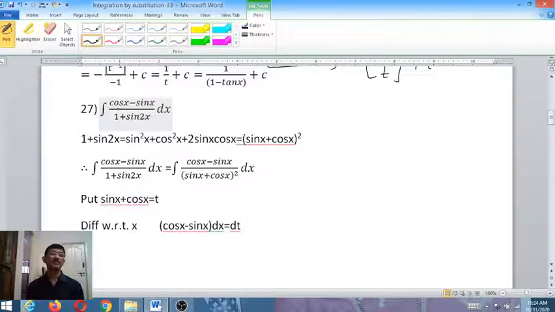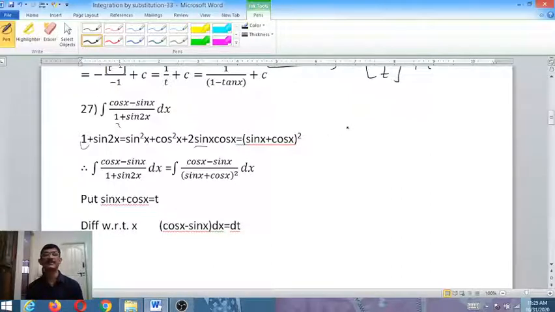In these types of problems, you look at this 1 plus sin 2x. We can write this 1 as sin square x plus cos square x. We know by trigonometry sin square x plus cos square x is 1. We know the trigonometric formula for sin 2x is 2 sin x cos x. So it is something like sin square x plus cos square x plus 2 sin x cos x, which is a square plus b square plus 2ab, a plus b whole square.